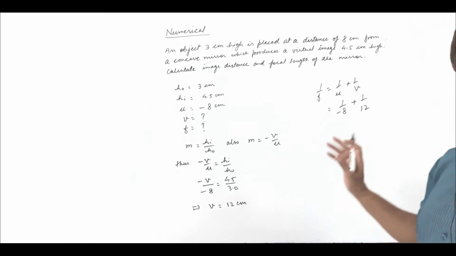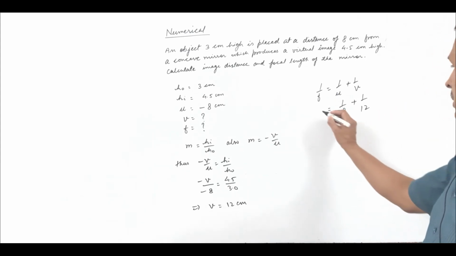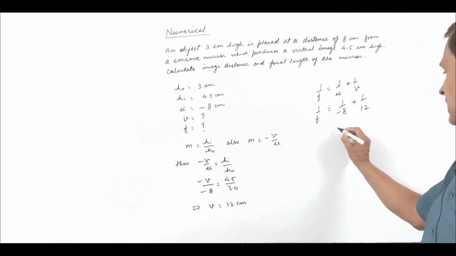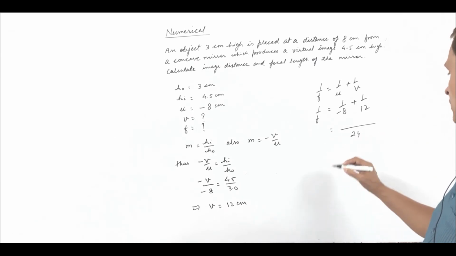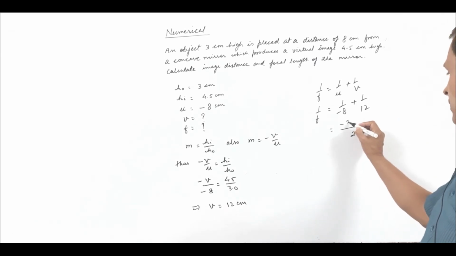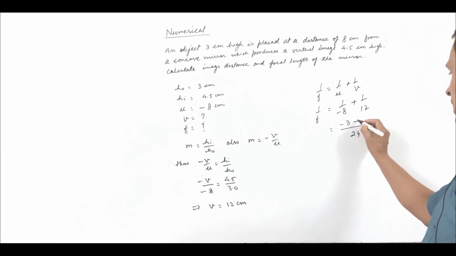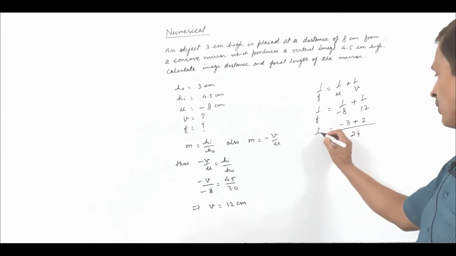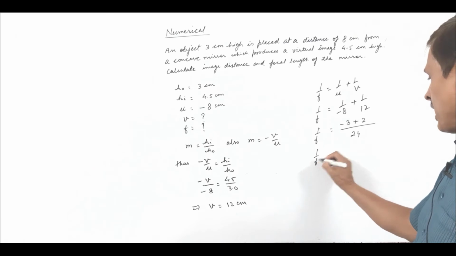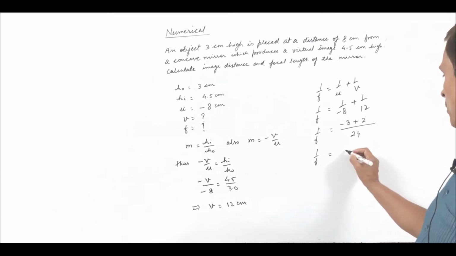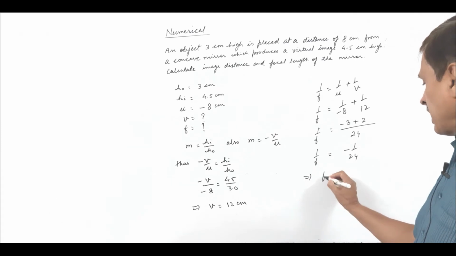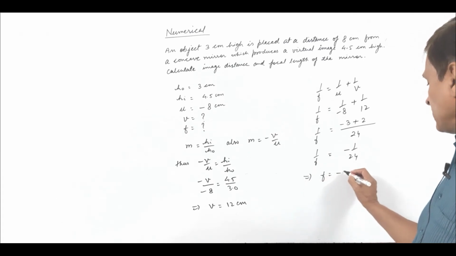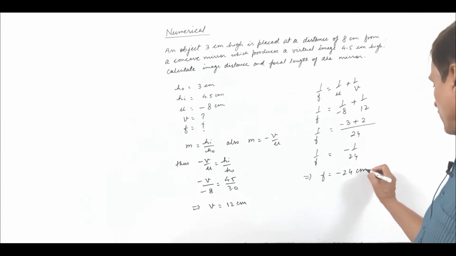V is taken as positive. 1 upon f is equal to this. Solving this, minus 3 plus 2, 1 upon f is equal to minus 1 upon 24, implies f is equal to minus 24 centimeter.